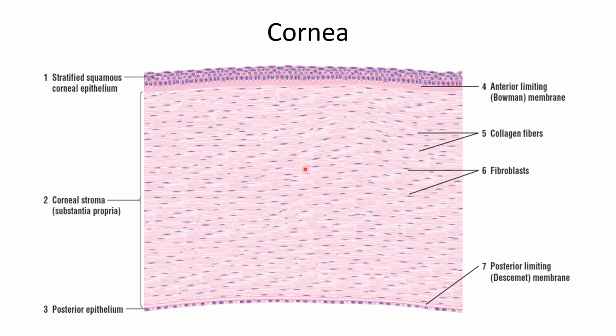Here the parallel running collagen fibers are evident, and between them we can always see the keratocytes, the fibroblastic cells. Then this is the posterior limiting membrane, and posterior to that is the endothelial layer.